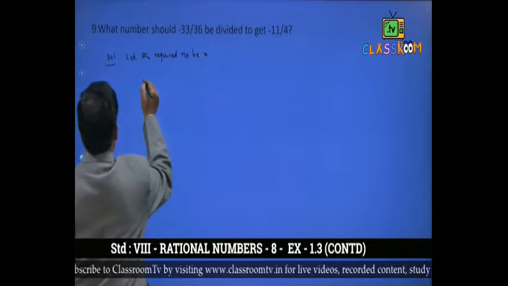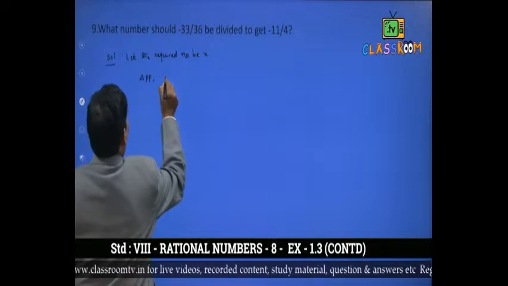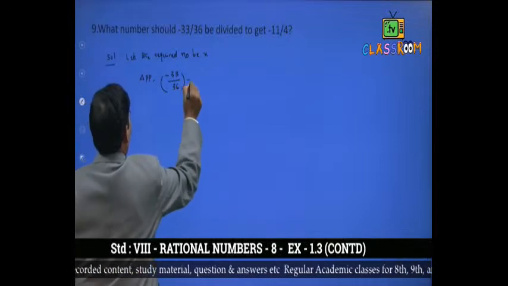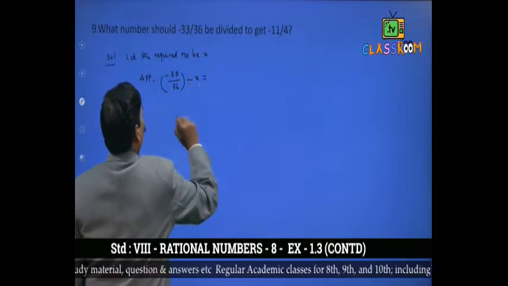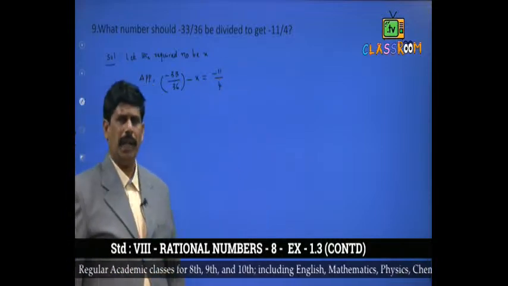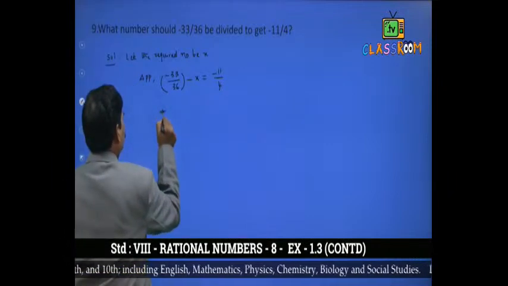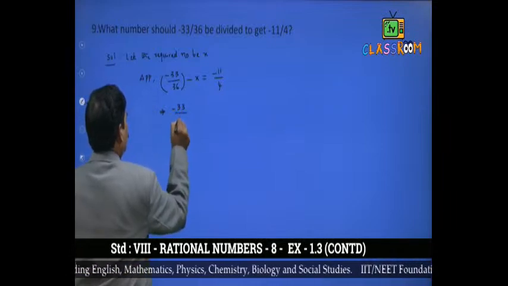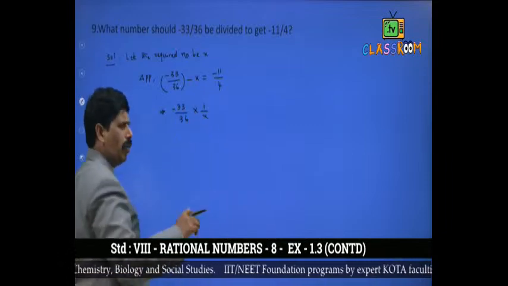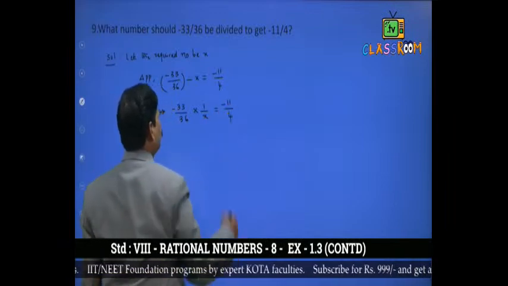So as per the problem, minus 33 by 36, which is divided by x, gives minus 11 by 4. Now you know very well, if you want to divide minus 33 by 36, then it will be into 1 by x. You have to take the reciprocal. This is equal to minus 11 by 4.